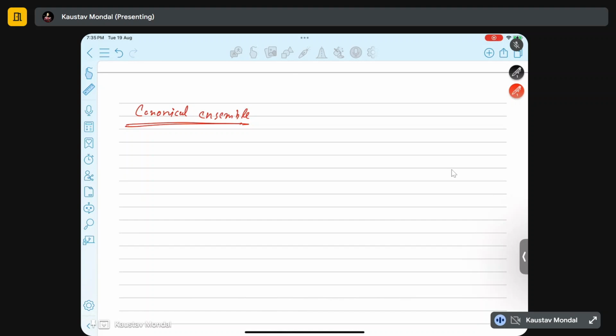So in the canonical ensemble, we are treating the interacting particle system as a member of the ensemble.